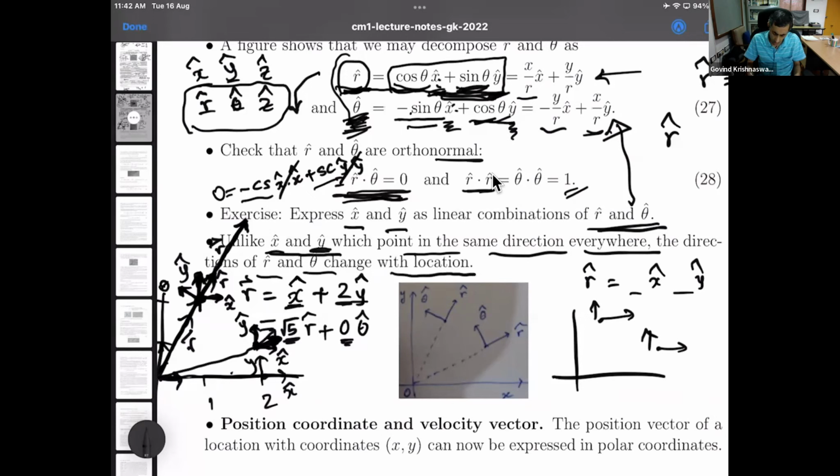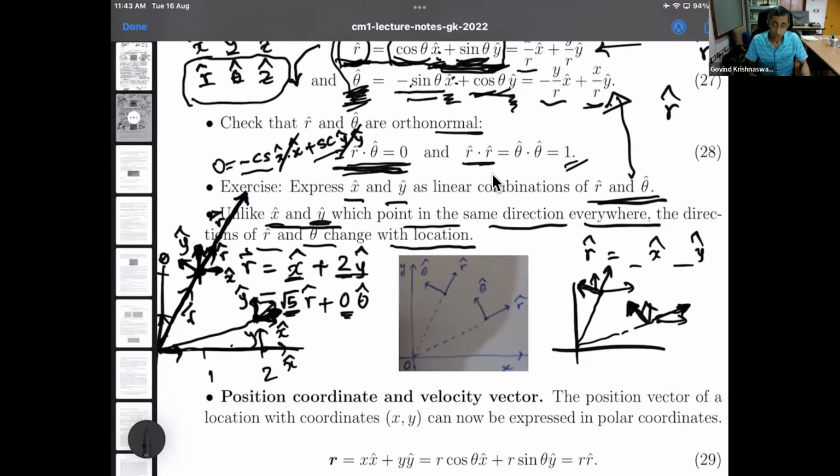So r hat points, as I was saying, towards Tripura here, whereas here it points towards Himachal Pradesh. The same applies to theta hat also. Here theta hat points in this direction, here a little bit less inclined. So theta hat here maybe was going towards Punjab, this one towards Rajasthan or something.